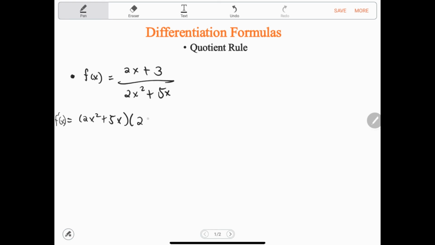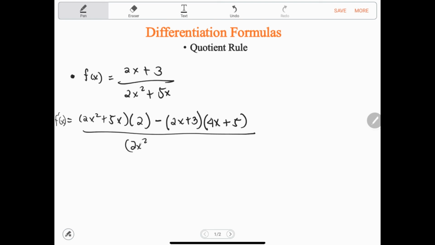The derivative of the numerator is 2, minus, copy the numerator 2x plus 3, then multiply it by the derivative of the denominator, which is 4x plus 5, all over 2x squared plus 5x to the power of 2.